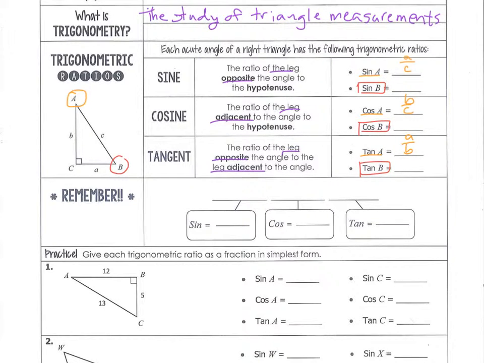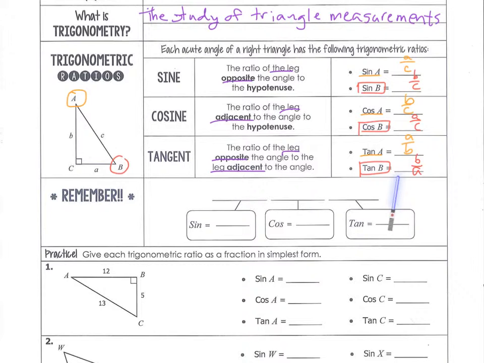So you find sine, cosine, and tangent of B. Are those the ratios you got? Yeah. So for sine, we got B over C. Cosine, we got A over C. And tangent, we got B over A.